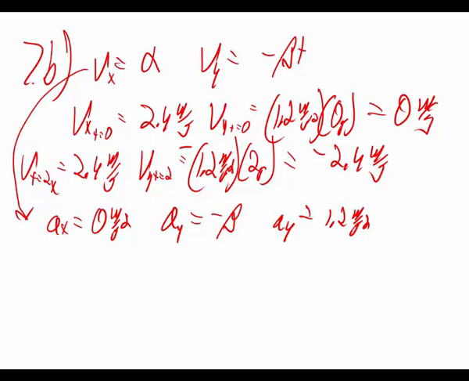Oh, shoot, it's 2 beta. Dang it. It's 2 beta. That's not right. That's wrong. Y'all got to watch me, I told you. It should be 2 times that, 4.8. I'm sorry. There we go. I left the 2 off right here. That's supposed to be negative 2 beta.